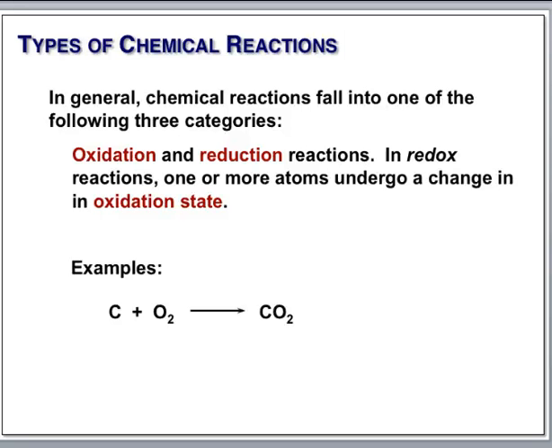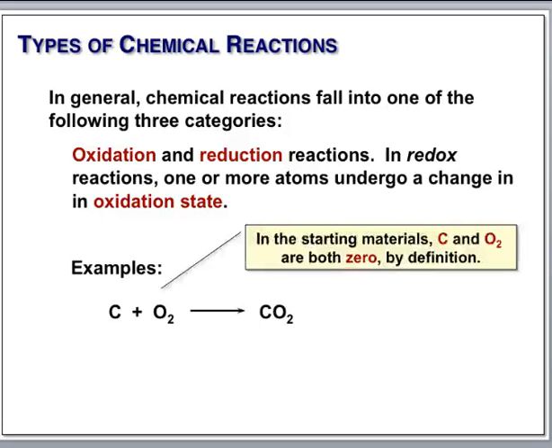Here we have carbon and oxygen. They're both elements on the periodic table, so there's no difference. So by definition, their oxidation numbers are 0. Now we'll go over a set of rules today. But the rules that we know so far basically tell us that oxygen is typically going to be -2.